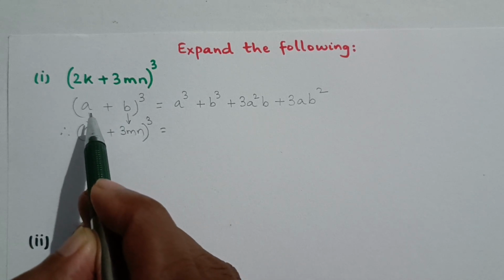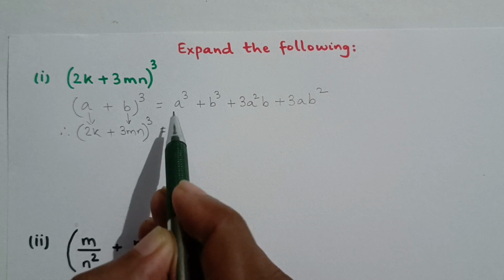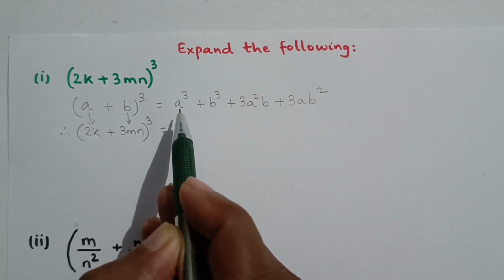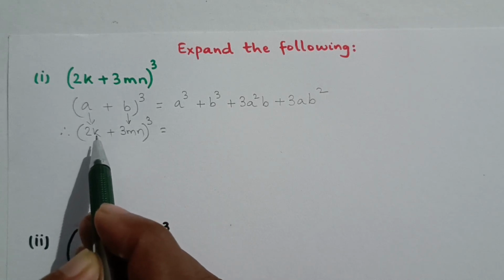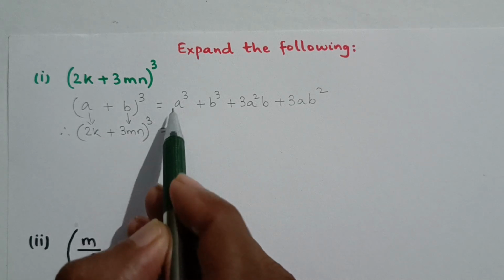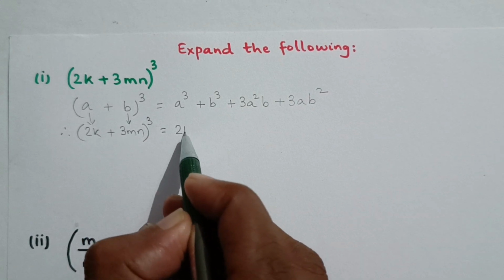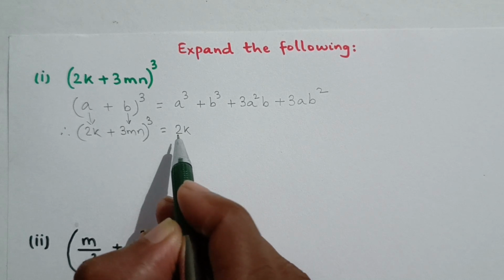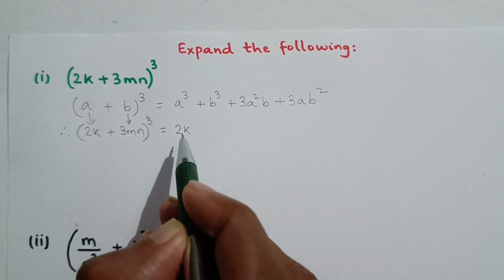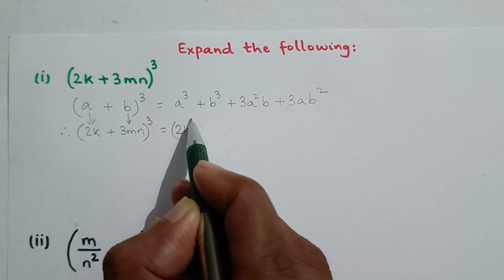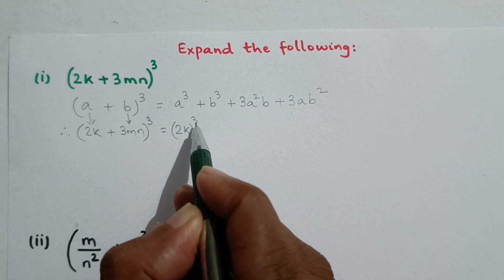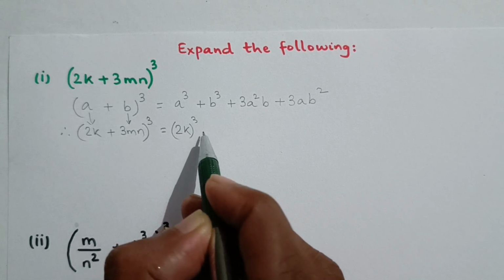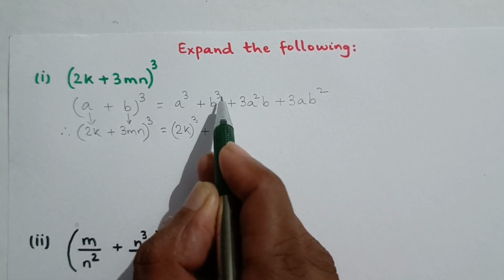I know that a corresponds to 2k. So instead of a I will write 2k. Now a cube, so therefore 2k will also get cubed. So 2k whole cube plus b cube.